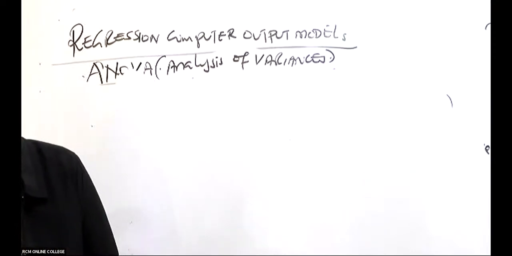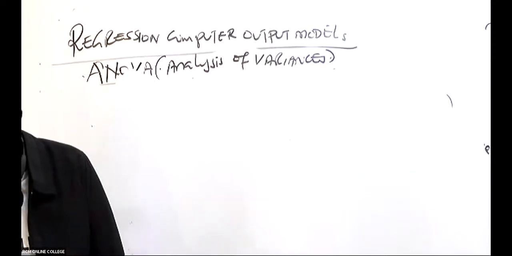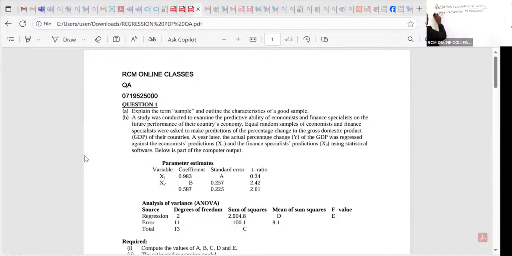Now, ladies and gentlemen, when you look at the ANOVA that has been given to us, we copy that ANOVA table first. You can see the first column there is the source of the variance. In this case, we have regression.